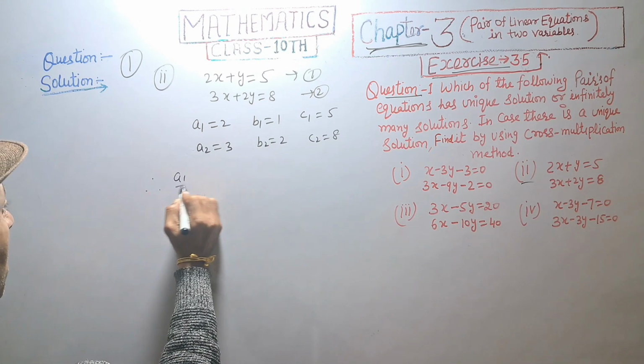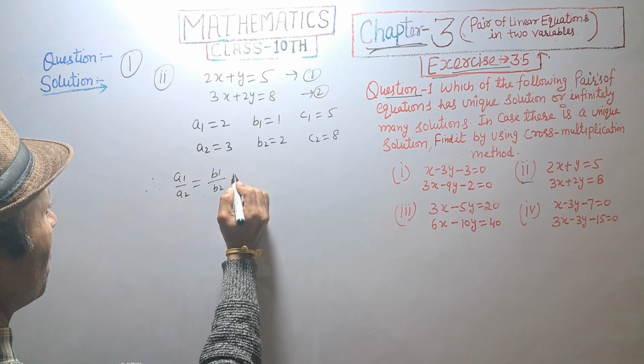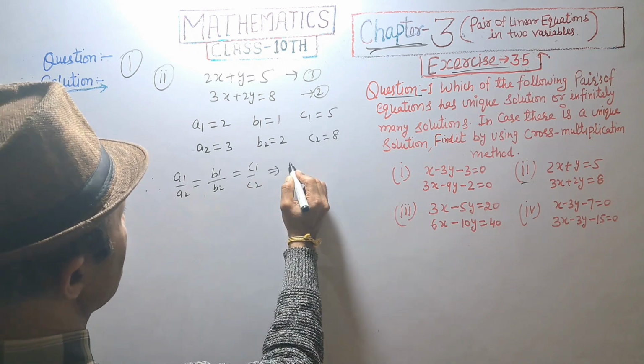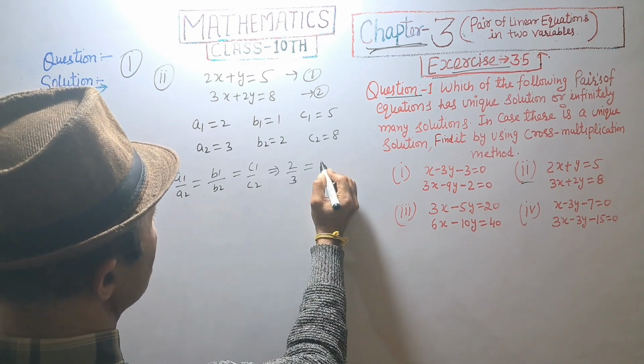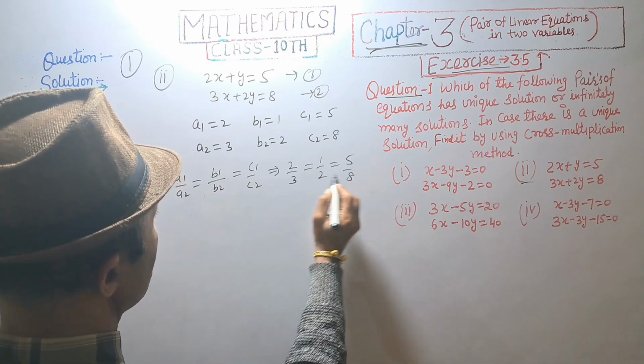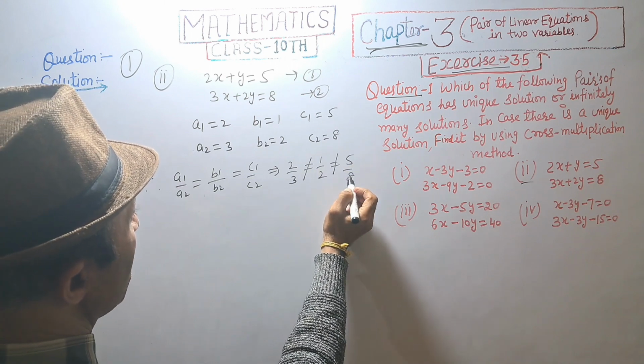So A1 upon A2 equal to B1 upon B2 equal to C1 upon C2. This implies 2 upon 3 is equal to 1 upon 2 is equal to 5 upon 8. But 2 upon 3 is not equal to 1 upon 2 is not equal to 5 upon 8.